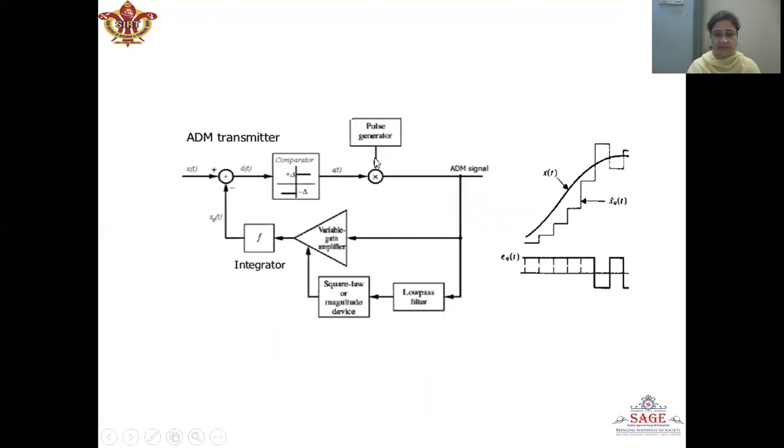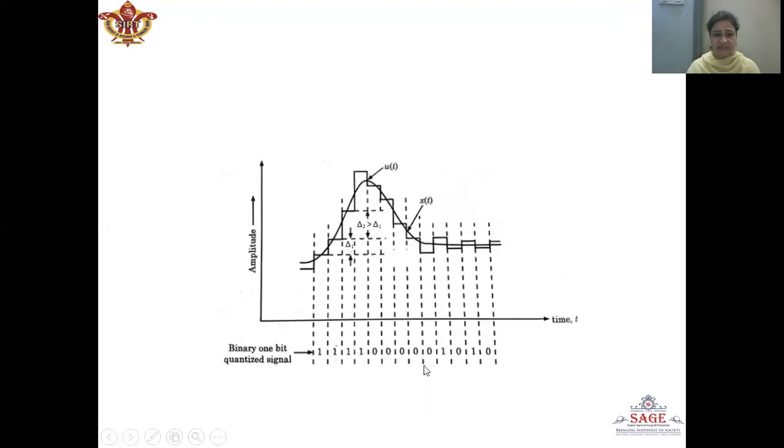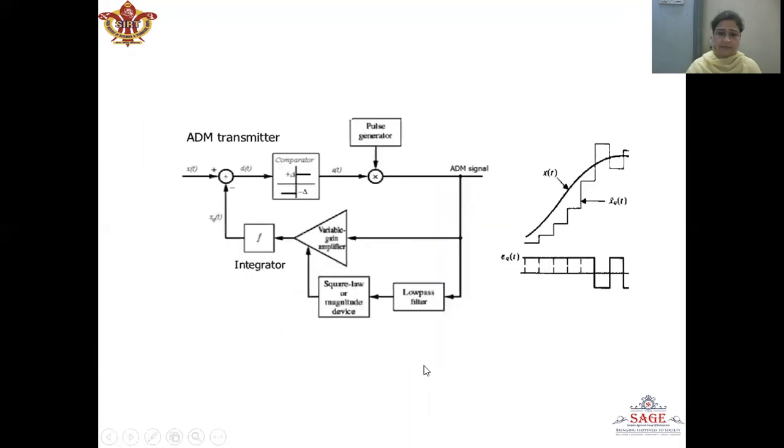Now this is the ADM transmitter, which is given in detail. We have message signal x(t). Then we have quantized signal xq(t). Here the two samples are compared and the error signal d(t) is generated. So here we can see that d(t) will be given to the 1-bit quantizer.